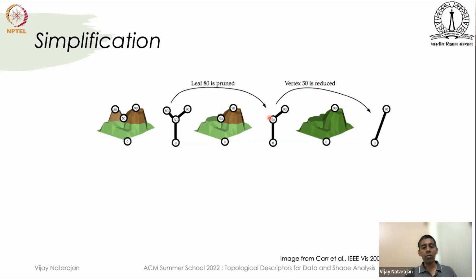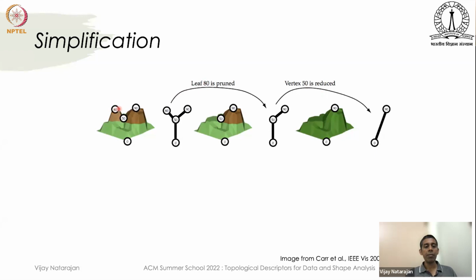Once I knock this off, I get a node with degree 2. I can merge the arcs across this degree 2 node, and I end up with a single arc, 0 through 90. The 0 through 90 represents a single feature, a single mountain. What we have achieved in this process of leaf pruning and vertex reduction is a method for simplifying a function by removing its maxima in pairs.